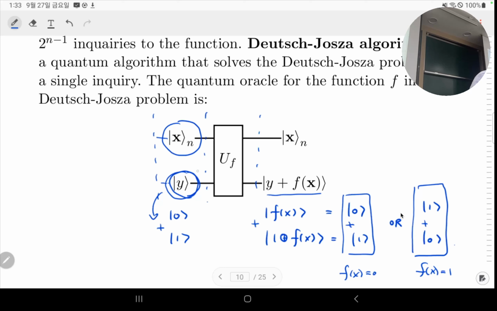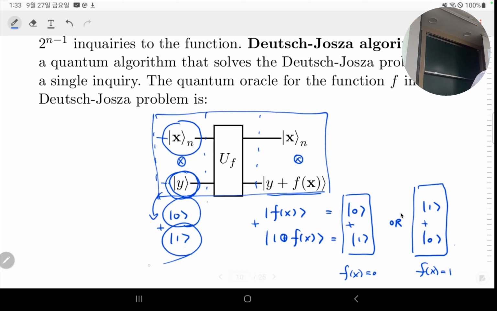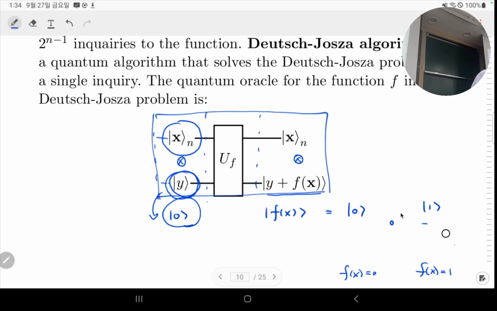If you just look at this diagram, it seems like you have a tensor product, an unentangled state, of the input and output register. That only applies when you have Y either this or this one, not a superposed state. Okay, so you have to understand the diagram only in this way, like this one.